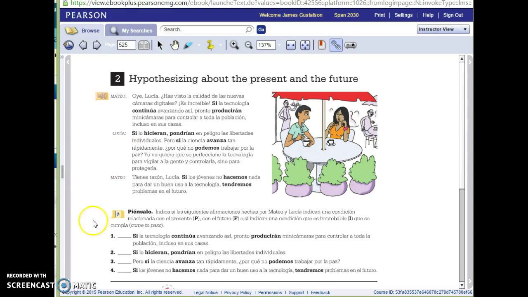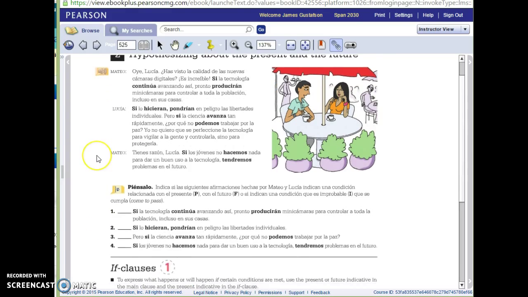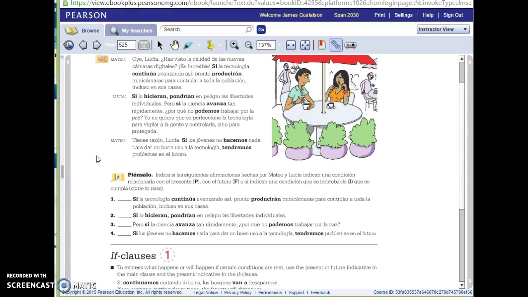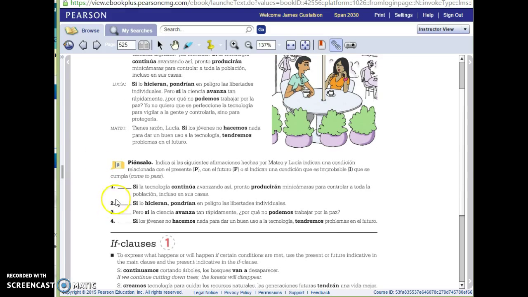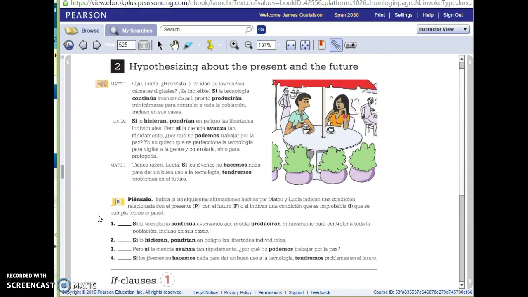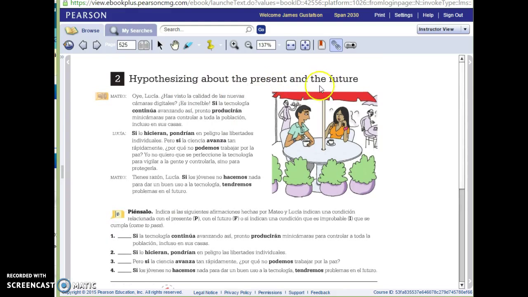Okay, so now we're going on to the next section, which is hypothesizing about the present and the future, which is si clauses or if clauses. And so as you know, si in Spanish without an accent mark means if, and sí with an accent mark means yes. So these are si clauses, or we would say if clauses. And again, that's to hypothesize about the present and the future.